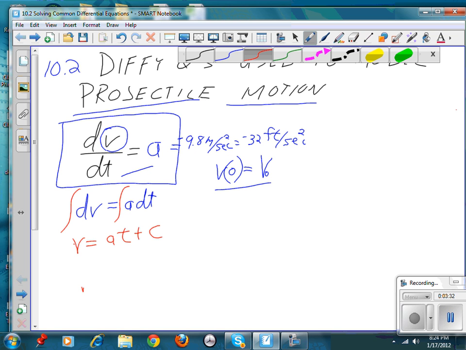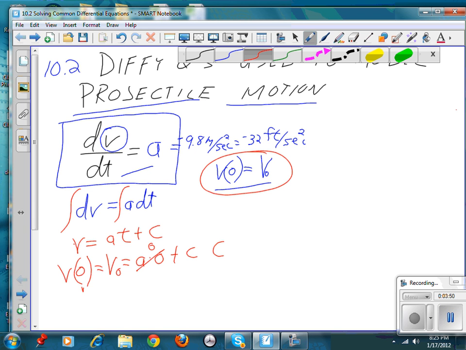Okay, solve for c using my point on the curve. So v at 0 is equal to v0. It's equal to a times t, and t is just 0, plus c. Well, that's 0.